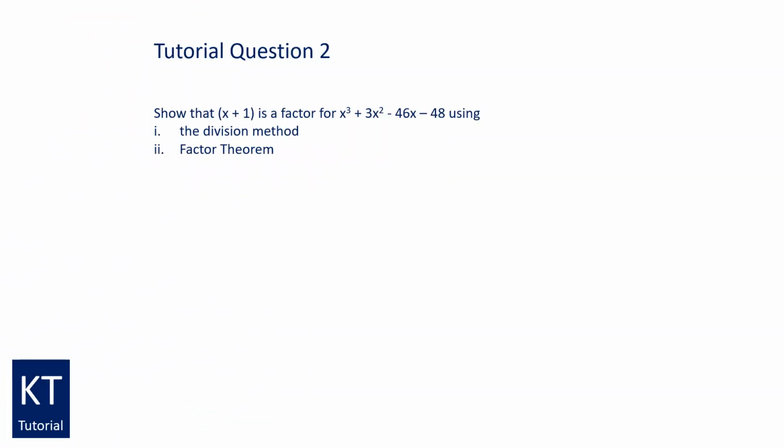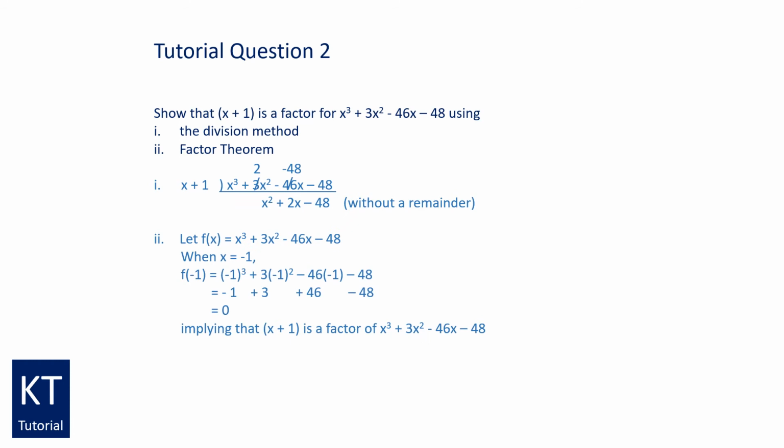Tutorial question 2. Show that x plus 1 is a factor for the cubic polynomial using the division method and the factor theorem. In the division method, you would divide the cubic polynomial by x plus 1, and it should give you a result without a remainder.